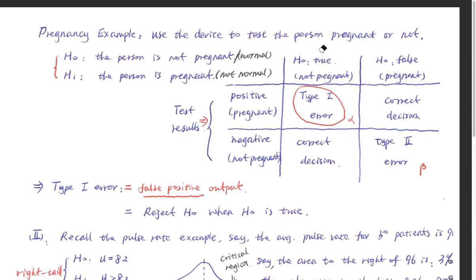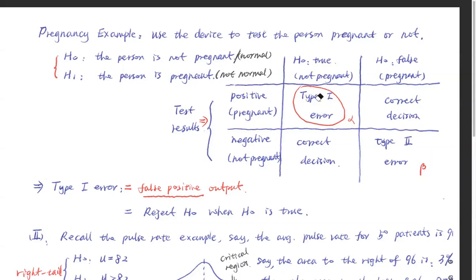If the person is not pregnant, but the device testing output says positive, showing pregnant, that positive, everybody, is what we call a false positive. So to help you understand better, what's type 1 error? What's type 2 error?